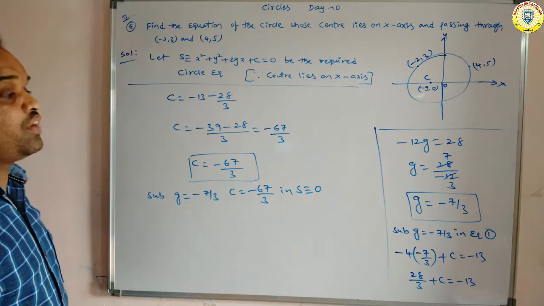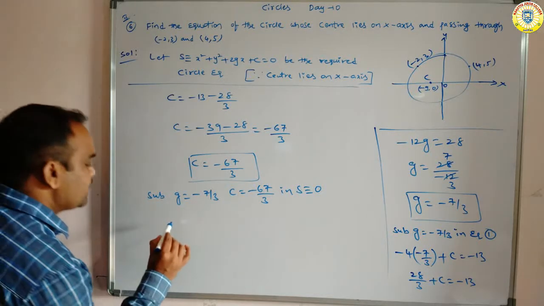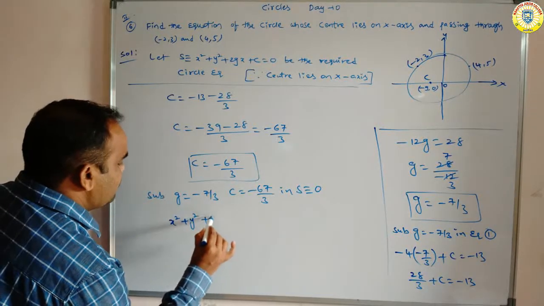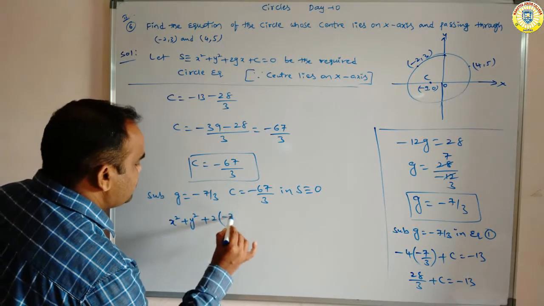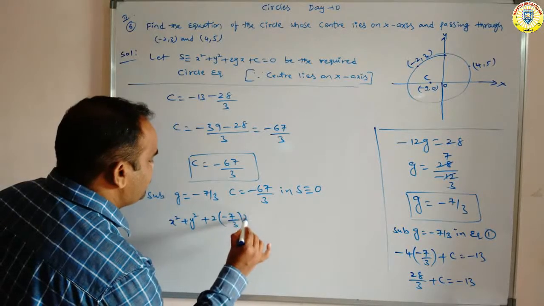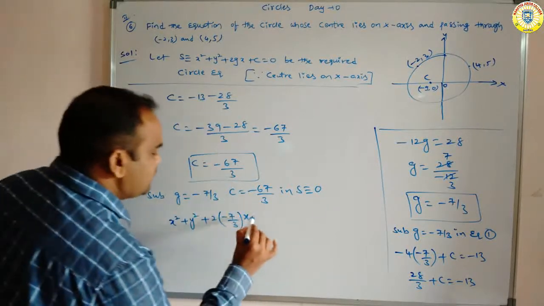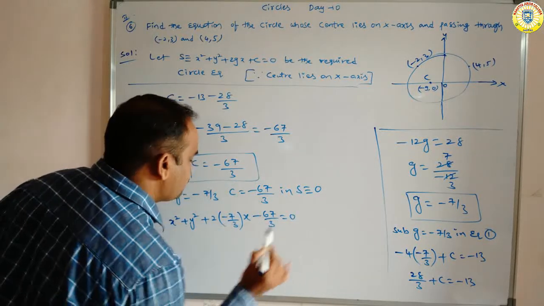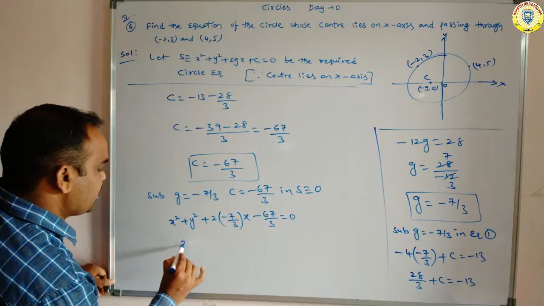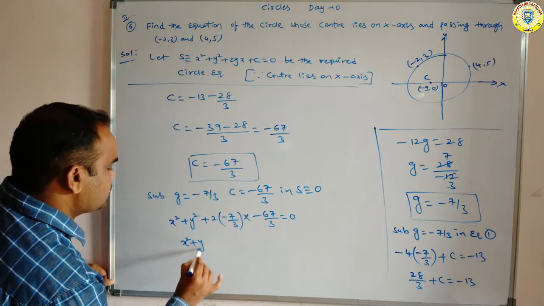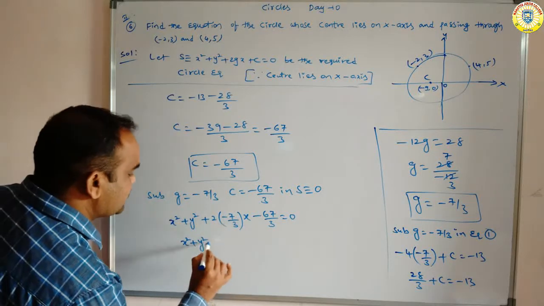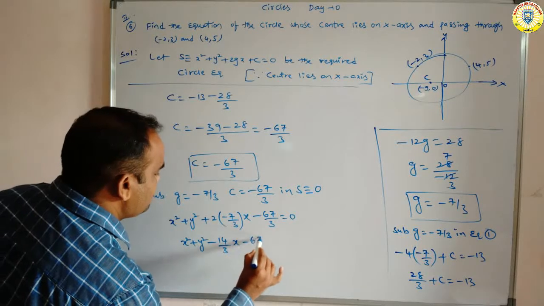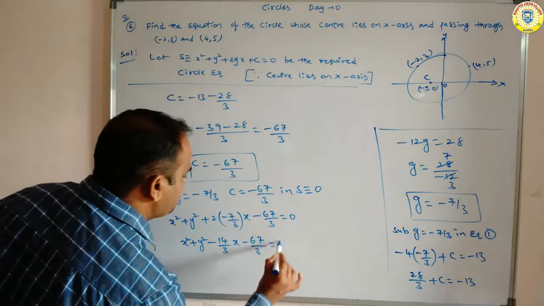Here x square plus y square plus 2 into minus 7 by 3 into x plus c, c is equal to minus 67 by 3, is equal to 0. Here x square plus y square minus 14 by 3 x minus 67 by 3 is equal to 0.